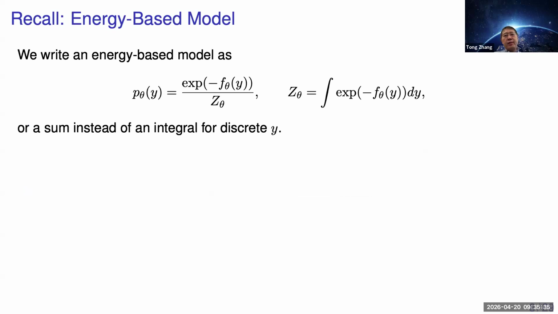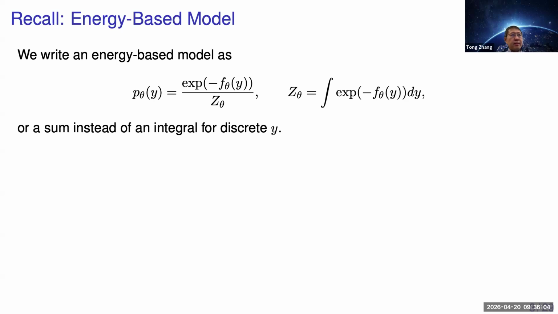We look at the unconditioned one just for simplicity of notation. In the case of continuous variables, we have a partition function Z, which is an integral of the exponential of minus energy.